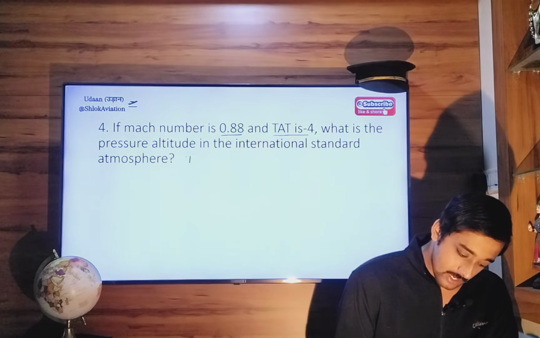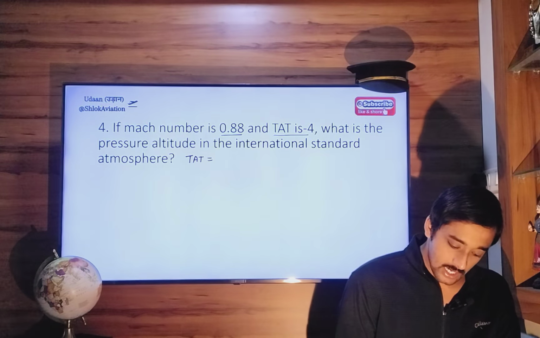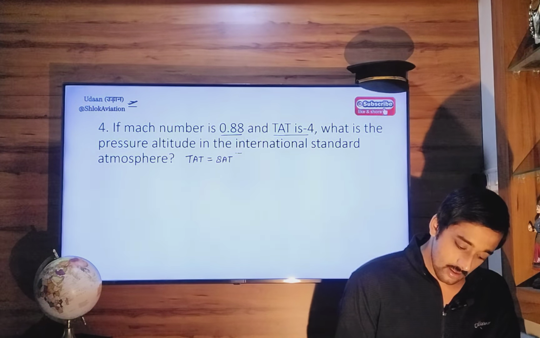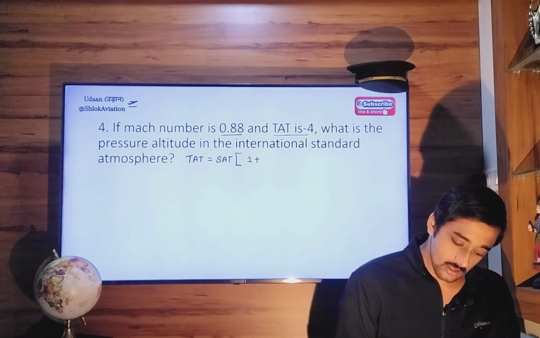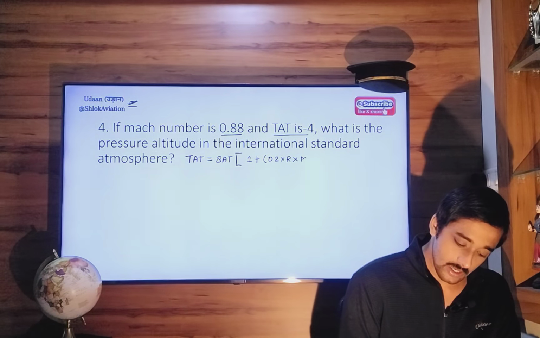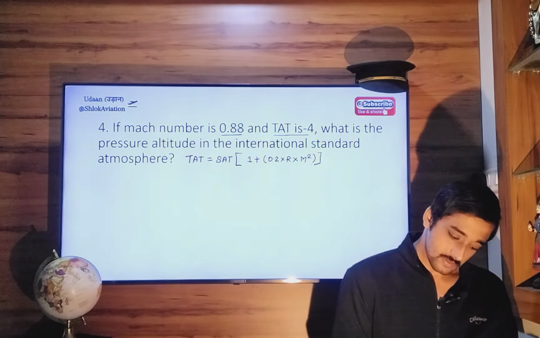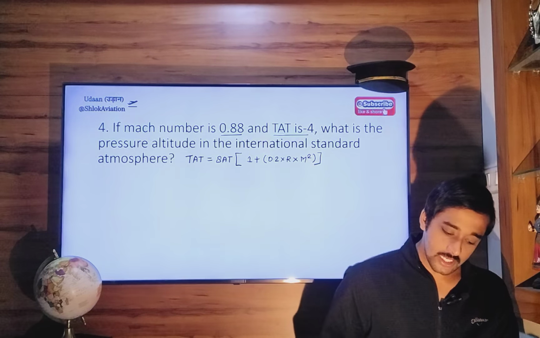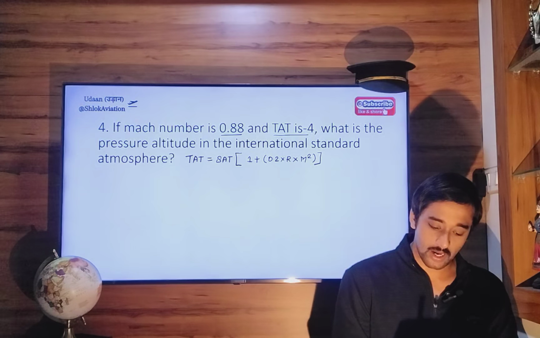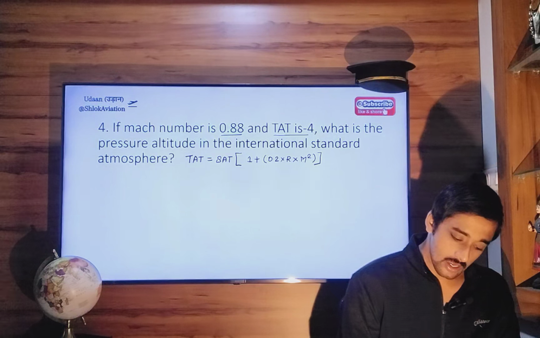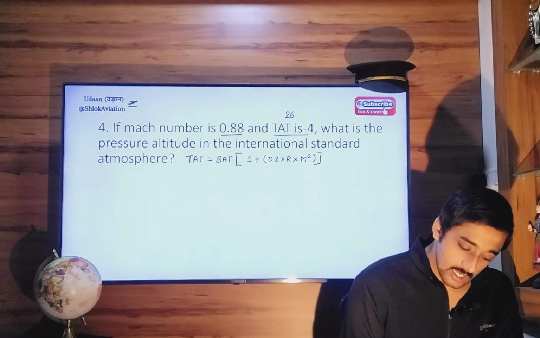So total air temperature equals static air temperature times 1 plus 0.2 into recovery factor into Mach square. Okay. Now total air temperature is minus 4 degrees Celsius. So minus 4 plus 273 is 269 Kelvin.